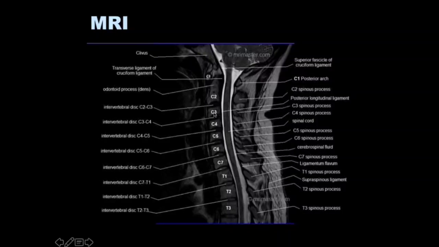And within the cervical vertebrae, the nerves that are exiting are in a more horizontal fashion, as against the more oblique orientation within the lumbar spine. I'll come to that in a minute.